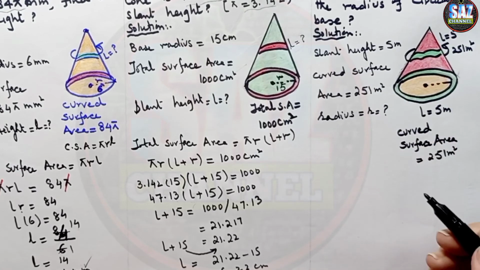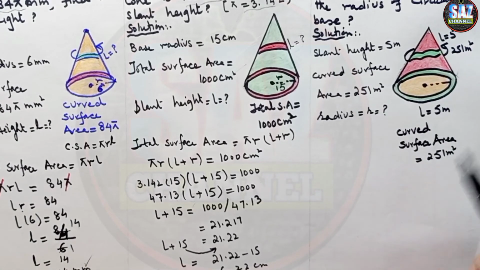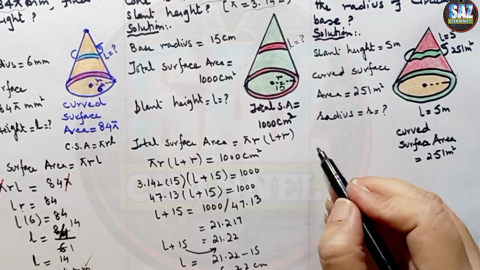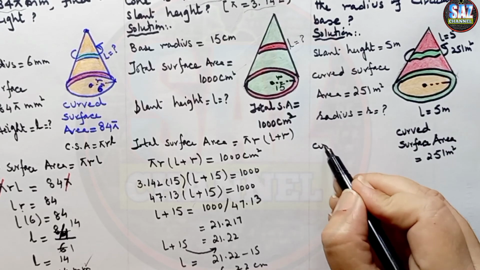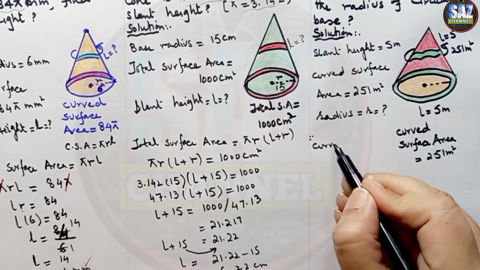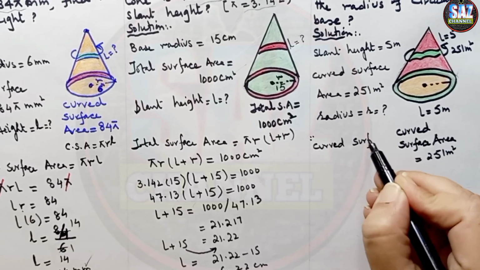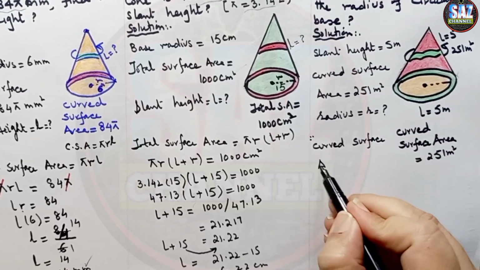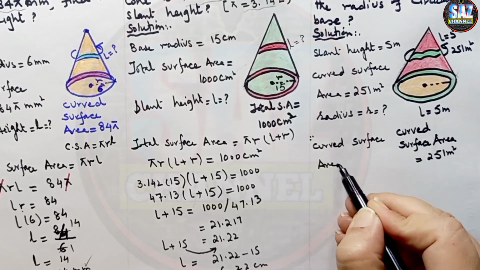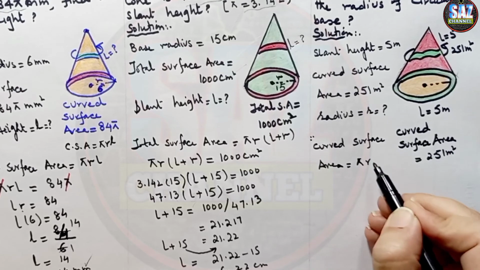As we are given the curved surface area, the formula for the curved surface area is curved surface area equals pi r L.